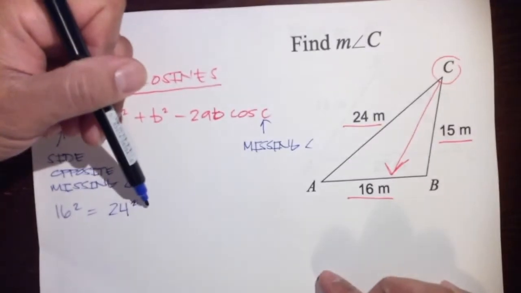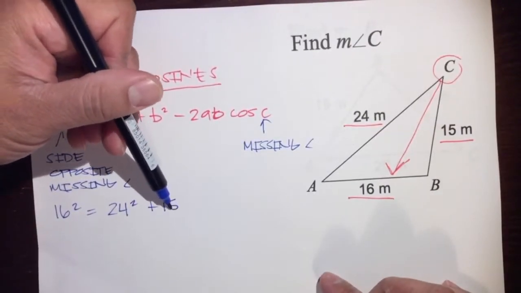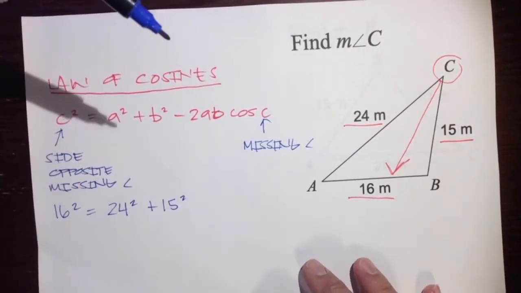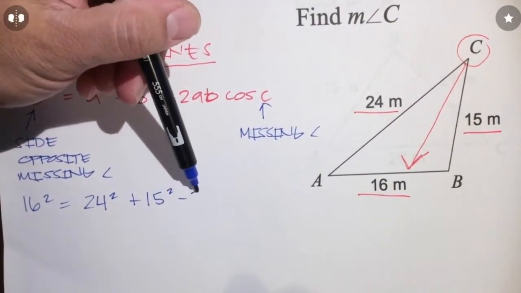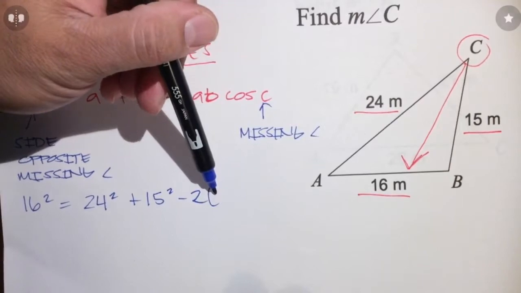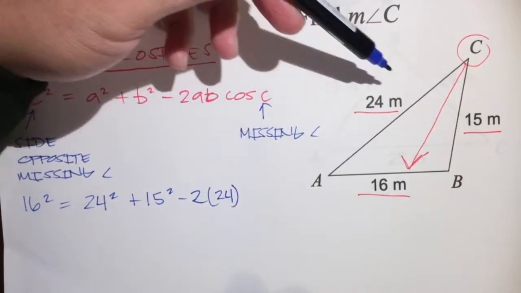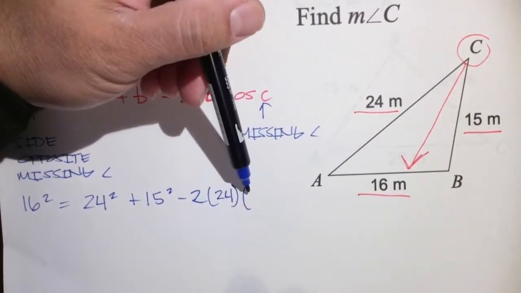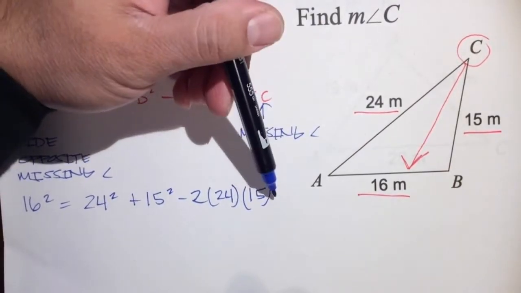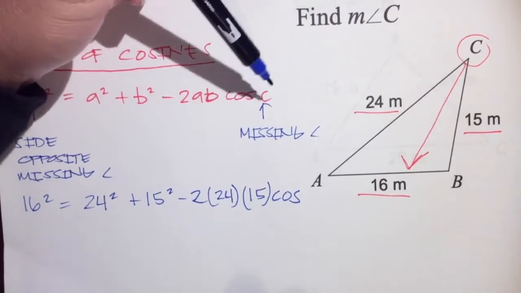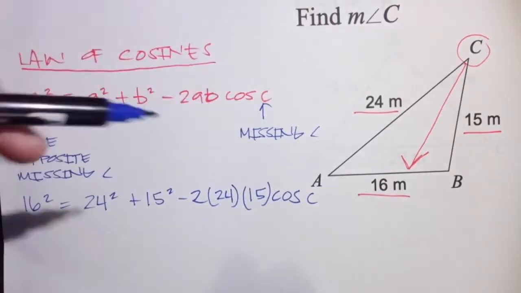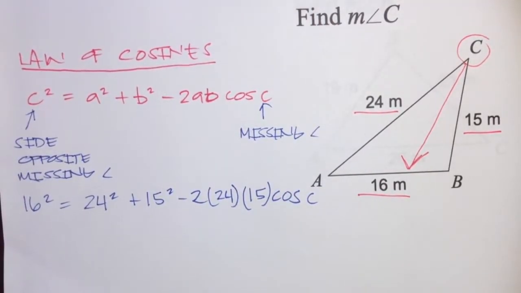You could put 15 first, whatever, but let's just put it second because I already wrote 24 first. And then minus 2 times 24, that given side again, times 15, the other given side, and cosine of that missing angle, and coincidentally, they're the same letter, so cosine of C.